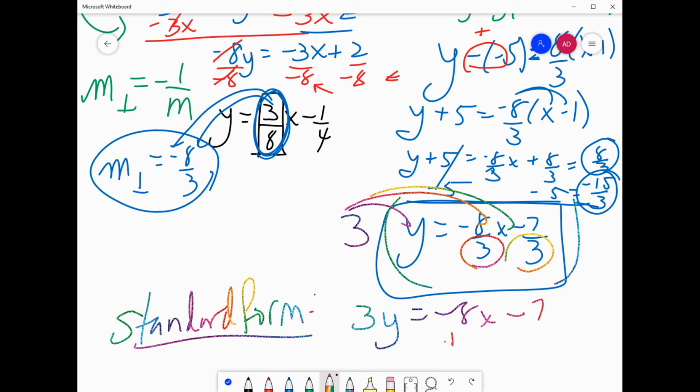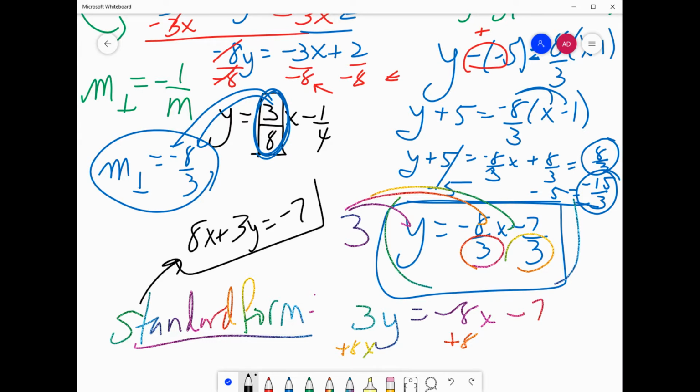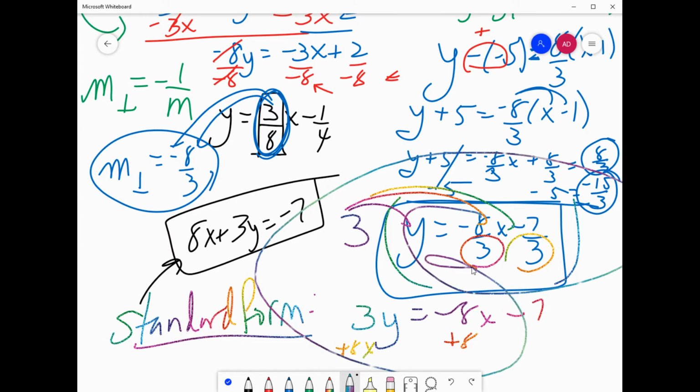And then, of course, adding the 8x over, you end up with your final answer: 8x plus 3y equals negative 7. So either way, if they ask you for it in slope-intercept form, you have that right here, with the y by itself. If they ask you in standard form, you have it right there.